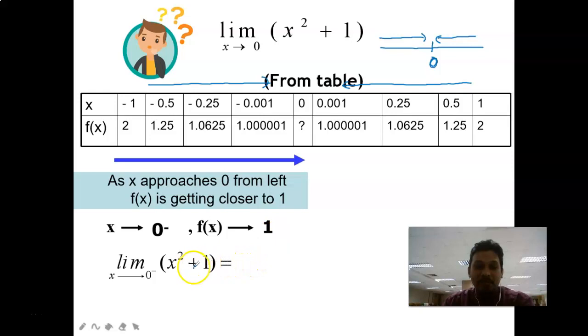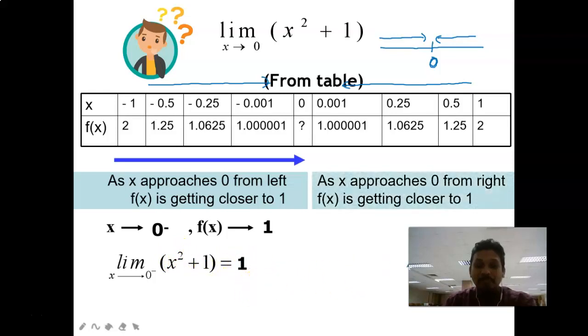Okay, so we didn't say that the value of x is exactly 0, but when the value of x is very close to x equal to 0, we just assume that x equal to 0 here. We're assuming here. It's not exactly x equal to 0. So just substitute x equal to 0: 0 squared equal to 0, plus 1 equal to 1.